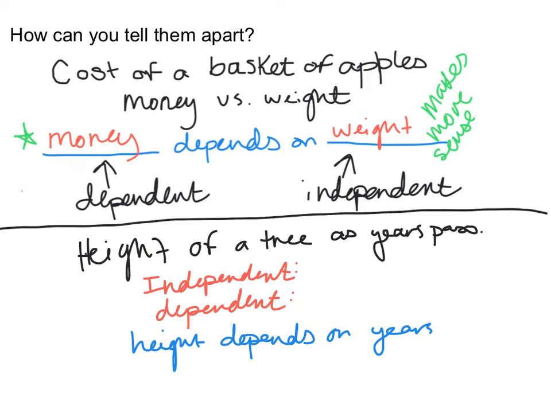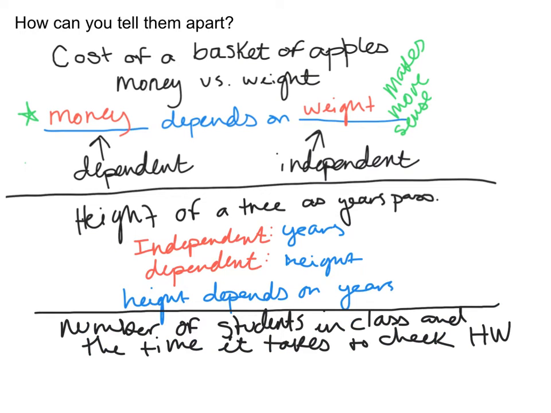To me, it makes sense that height depends on years rather than years depending on height, right? Time wouldn't change based on how tall you let the tree get, but the height of the tree would change as years went by. So that means that height would be our dependent variable and years would be our independent variable.